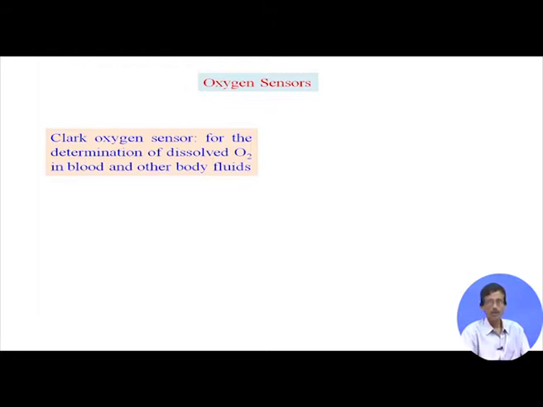We know two terms basically, the chemical oxygen demand and the biological oxygen demand, the COD and BOD values for these water samples.